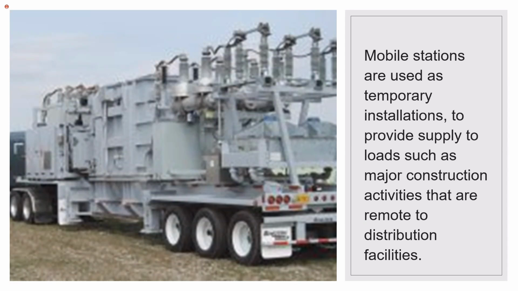The objective of the utility is to make electricity available to the customers. That's the objective, right? And so whatever systems need to be put in place to ensure reliability, to ensure that power is always there, then that is what will be done.